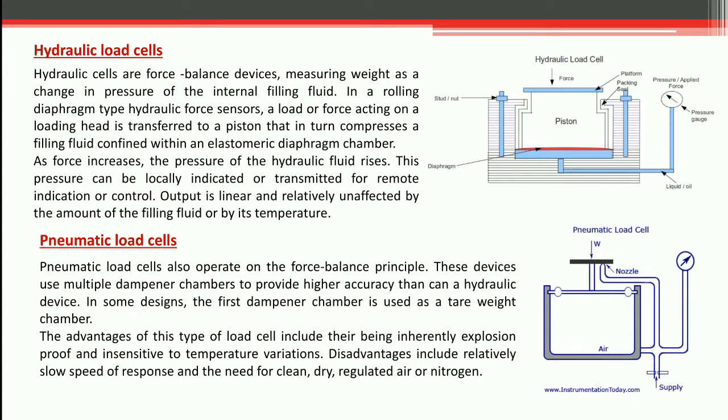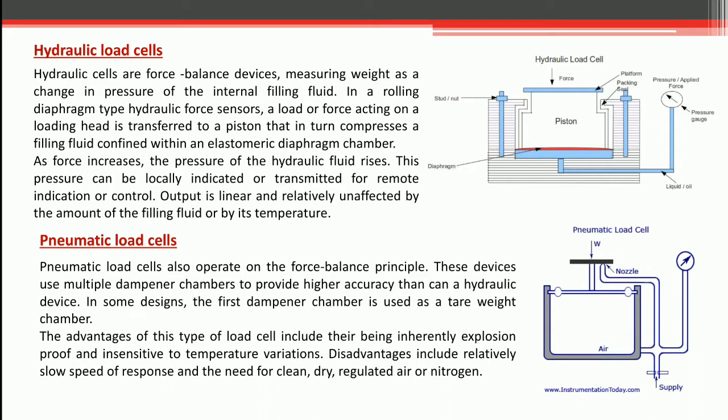These cells have been used to measure loads up to about 25 meganewton with accuracy up to, suppose, 0.1% of full scale, and the resolution is 0.02%. Now the next one we are going to discuss is the pneumatic load cell. This pneumatic load cell operates on the force balance principle, and it employs a nozzle flapper transducer similar to the conventional relay system.